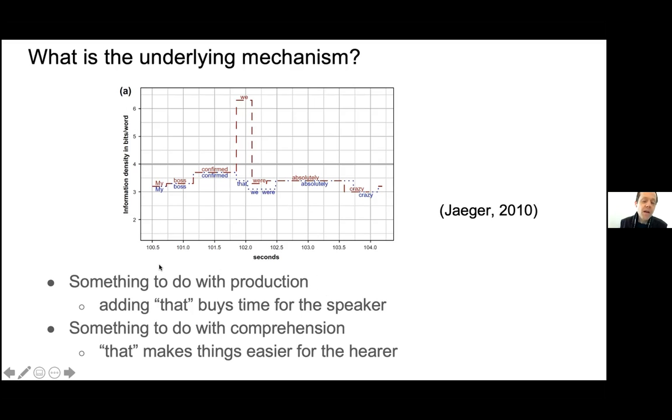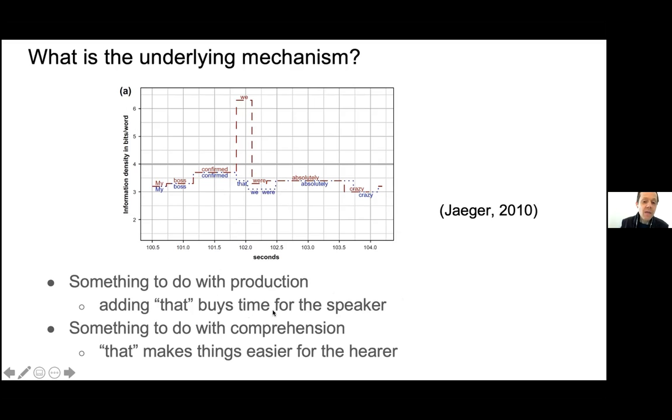The first is a class of explanations that, broadly speaking, are something about production. The idea here might be that if the speaker is going to generate this complement clause, which is a little bit unpredictable, then adding "that" is useful because it buys time for the speaker and helps her to plan the rest of the utterance that's going to follow.